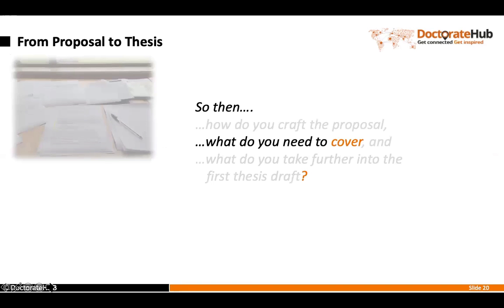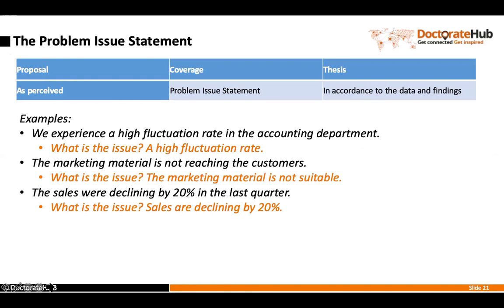So then, what do we need to cover in the different parts? In the problem and issue statement, we should try to be as specific about the issue as we understand it. So if we experience a high fluctuation rate, then we also should look at what is the issue with that. If the marketing material is not reaching customers, then we also should look into the issues behind that.